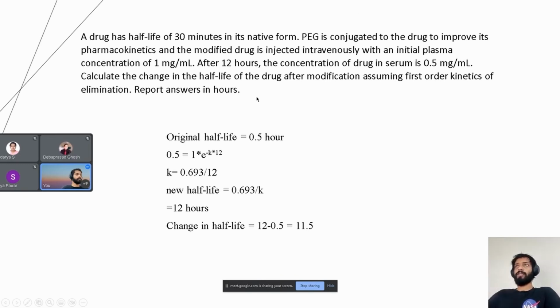So this 12 hours is nothing but the new half-life. The old half-life was 30 minutes. They are just asking you to calculate the change in the half-life. So all you have to do is convert the 30 minutes to hours and calculate the difference. So change in half-life is 12 hours minus 0.5 hours, which is 11.5 hours.